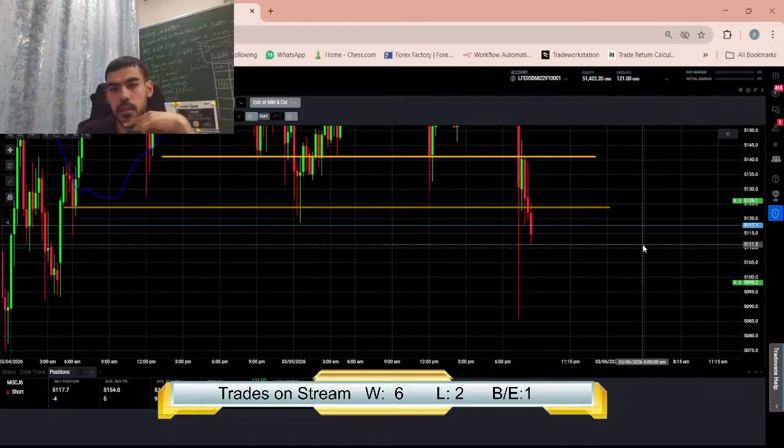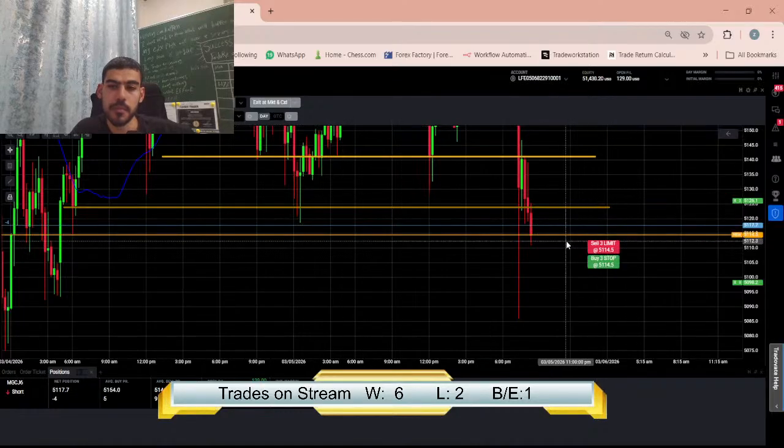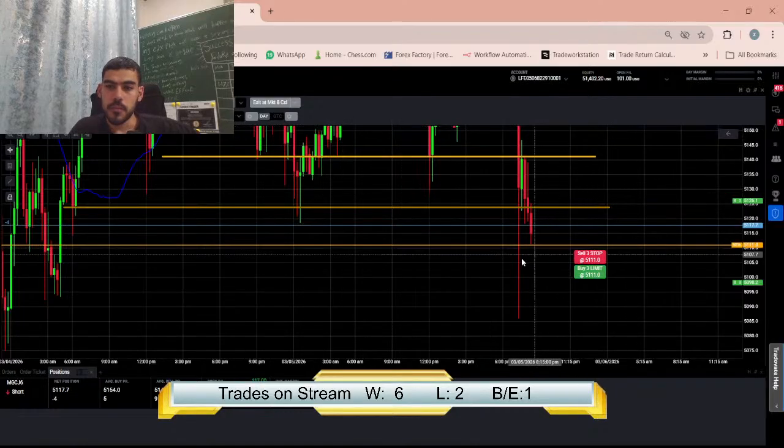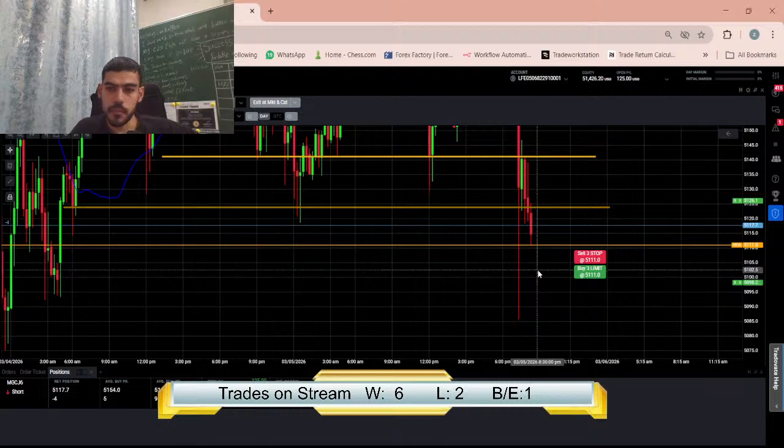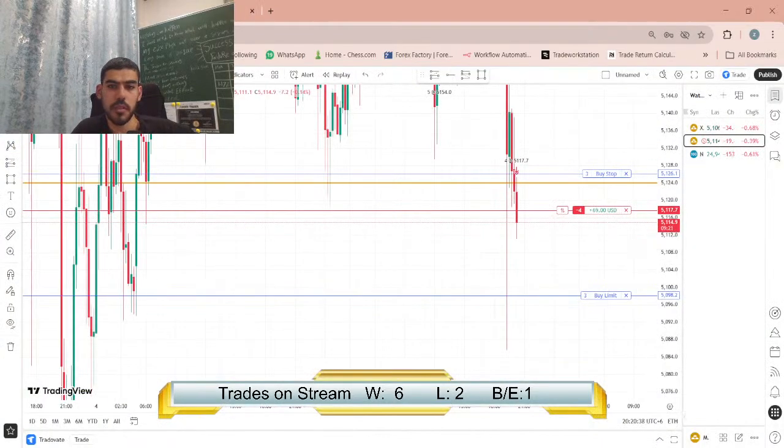So if it can re-break this low, I'm going to secure something. If it just tapped the low again. So I think this is just a 5 minute.